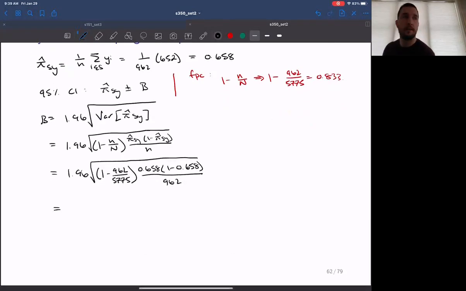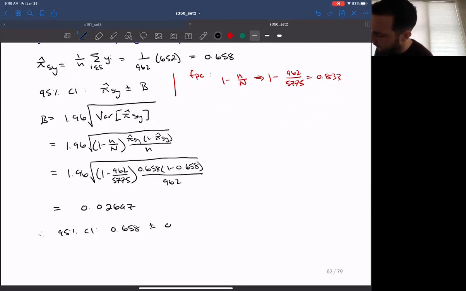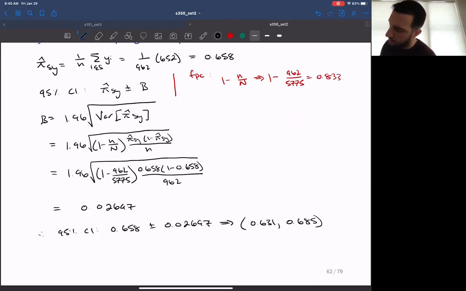And that should give us 0.02697. Therefore, the 95% CI is 0.658 plus or minus 0.02697, which gives us 0.631 to 0.685.